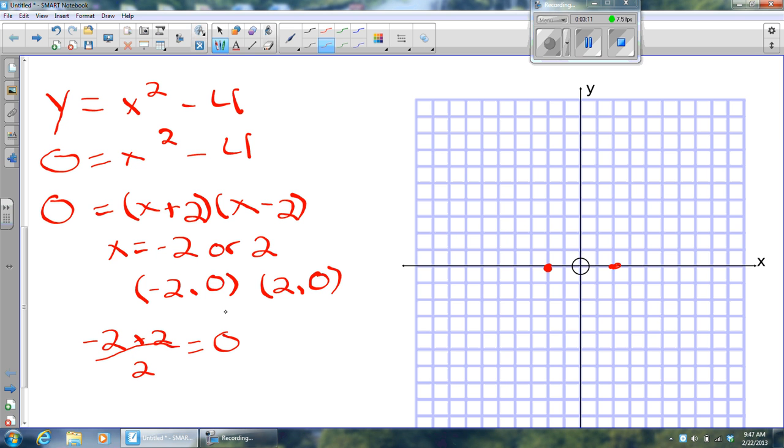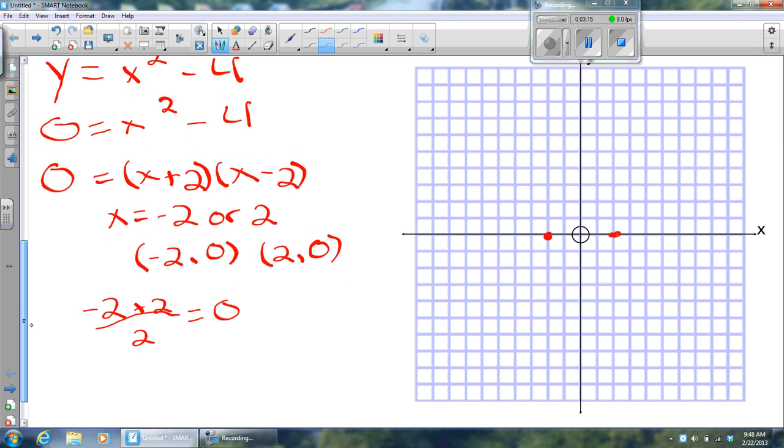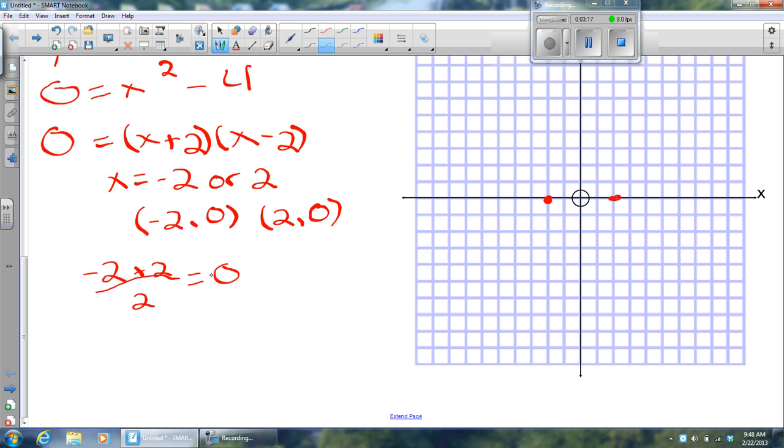Then to find the y-coordinate of our vertex, we have to plug the x into our equation. So we started out with y equals x squared minus 4, and x equals 0, so we're going to plug that in.